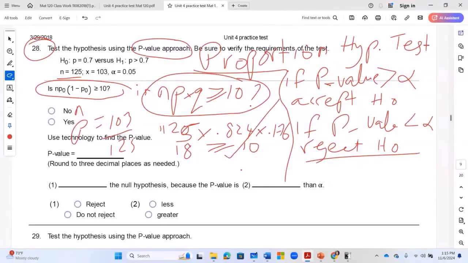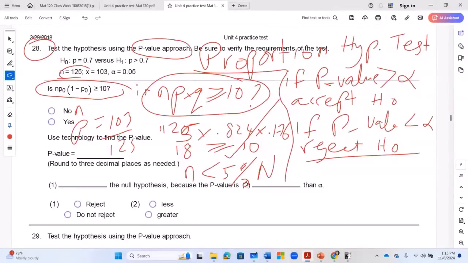Another condition is that the sample size N must be less than 5% of the population. What is the population of the whole America? The population is approximately 360 million.